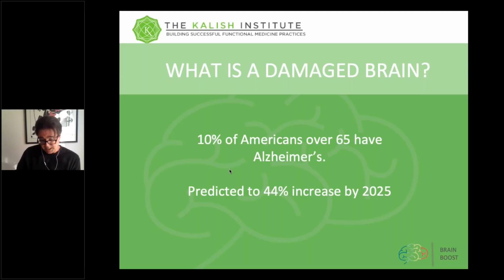So this is obviously going to be an incredible burden on our healthcare system as a whole. This is something that we have to figure out. And it's something that was very near and dear to me, and really freaked me out about 8 years ago, when I met Dr. Kalish. It's been a real interesting journey since then.